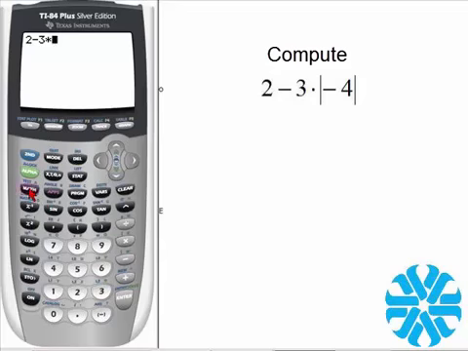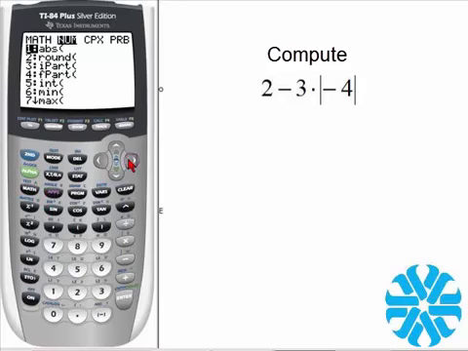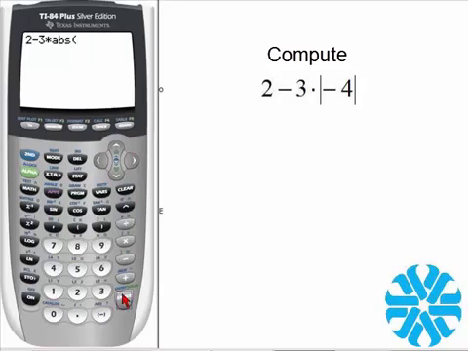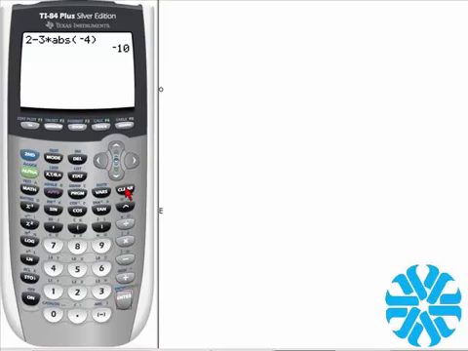So we need to go to the Math key, then over to Number, hit Enter, -4. So that's 2 minus 3 times the absolute value of -4, and we select Enter to get our answer. Let's clear the screen and do one more example.